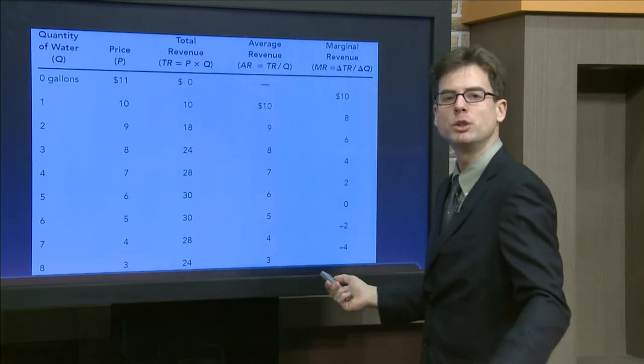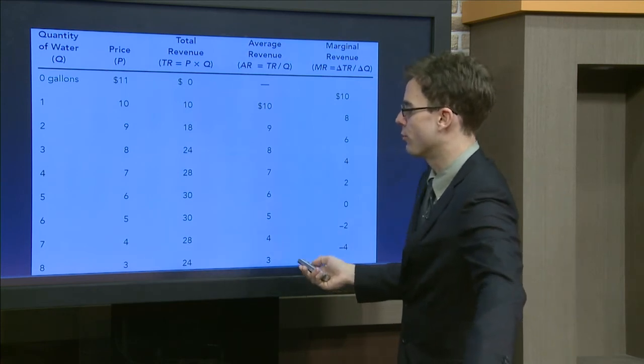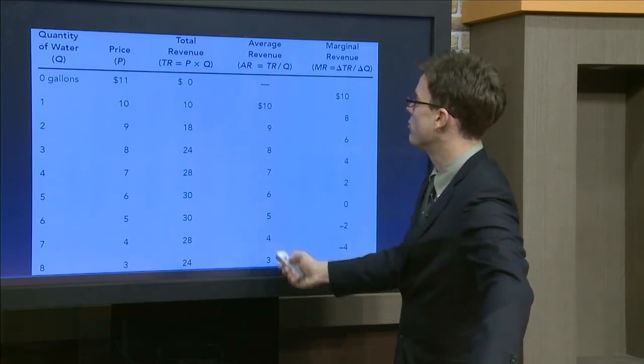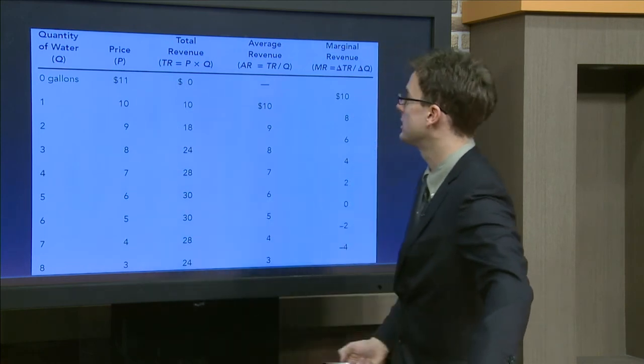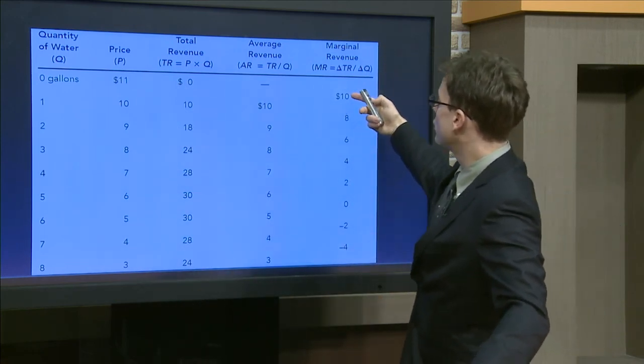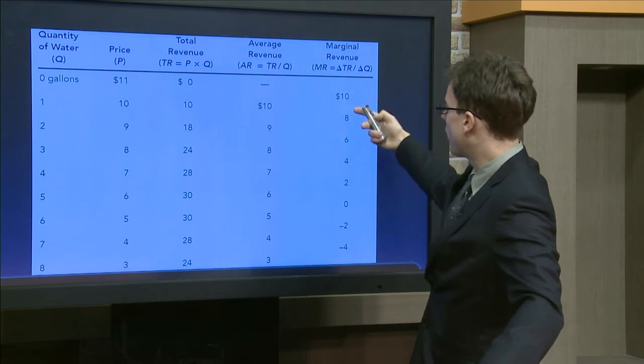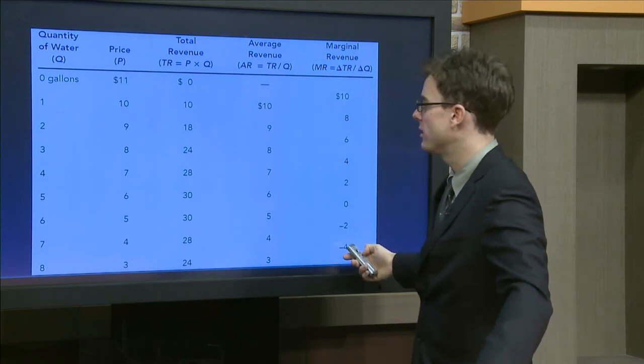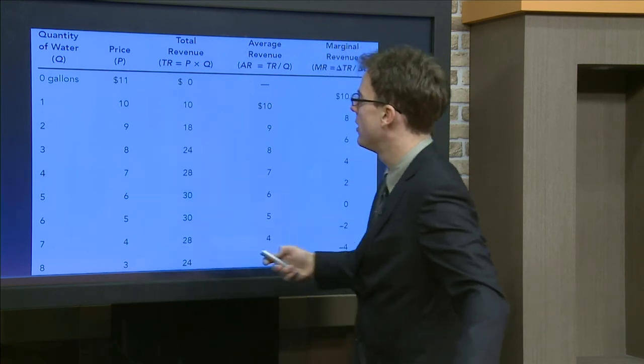So intuitively, we should get the same value for average revenue as for price. On the other hand, for marginal revenue, we get numbers which are strictly lower than price.